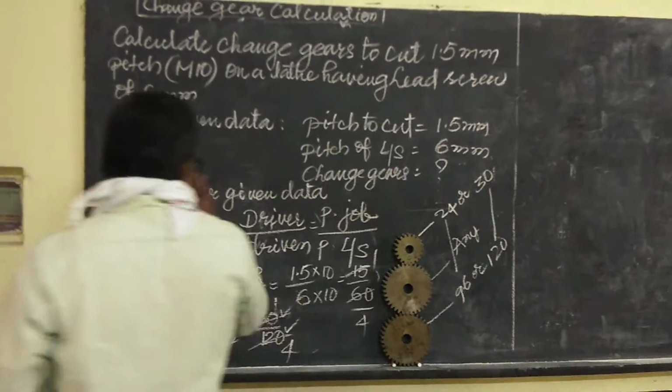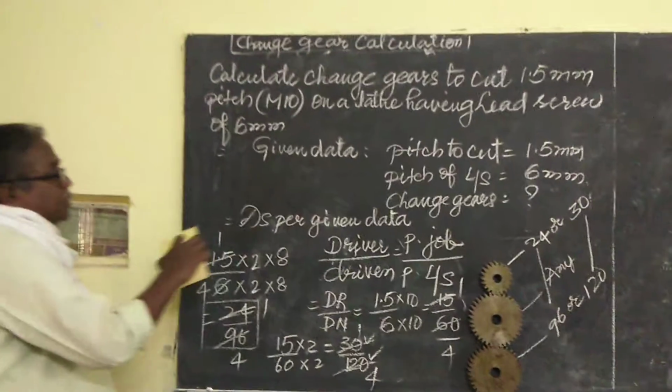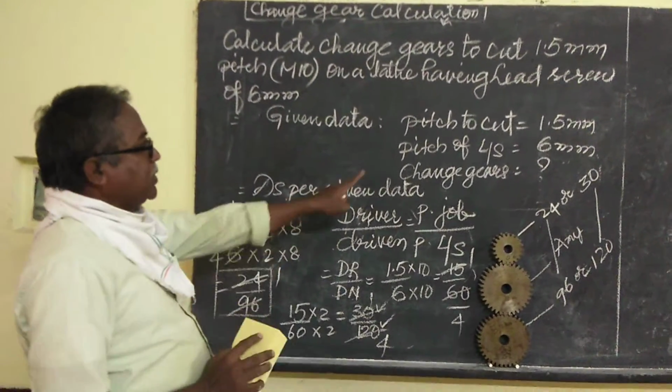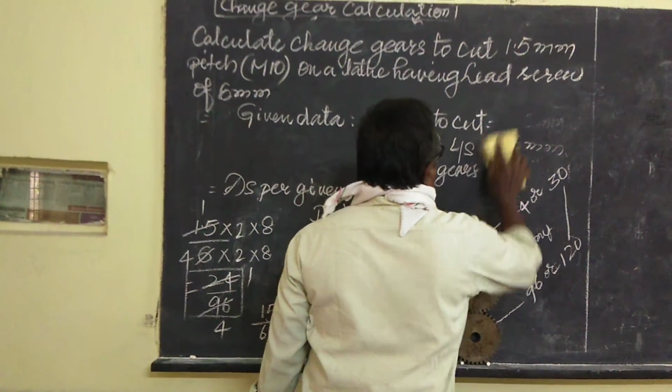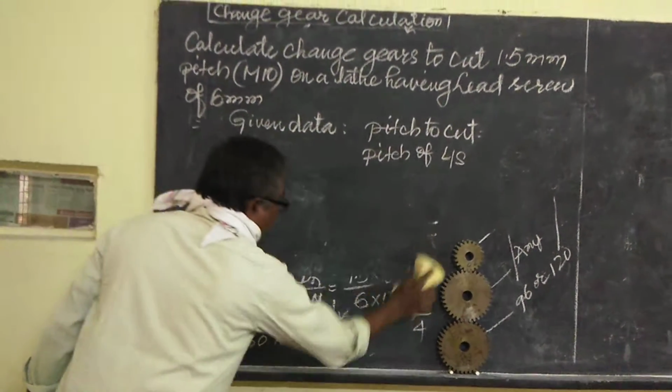Now I am going to another question, the British system. Metric is over. Pitch of job by pitch of lead screw, with the same formula I will go.